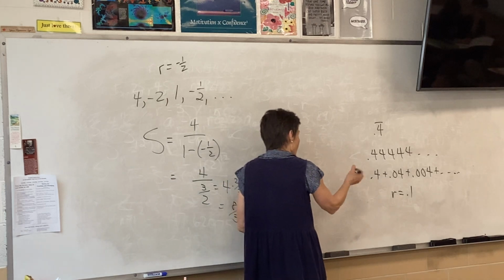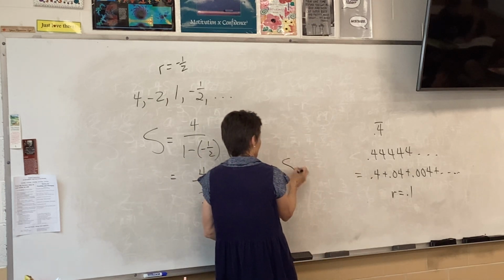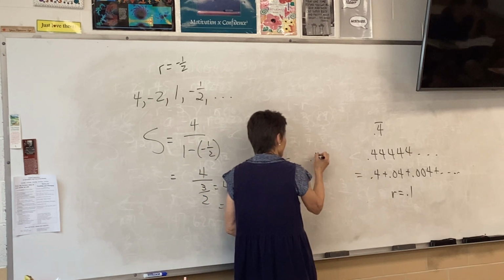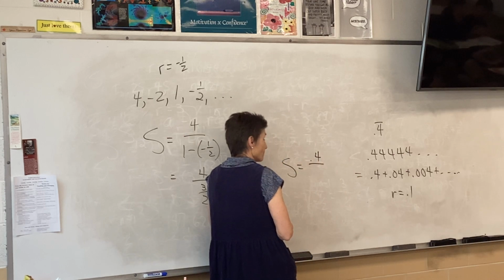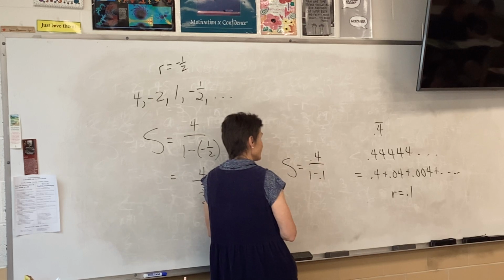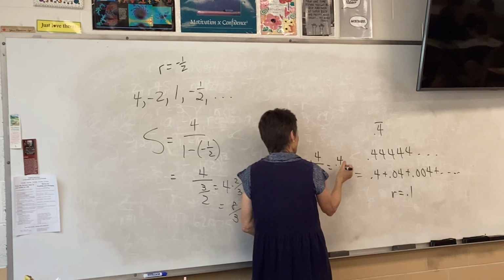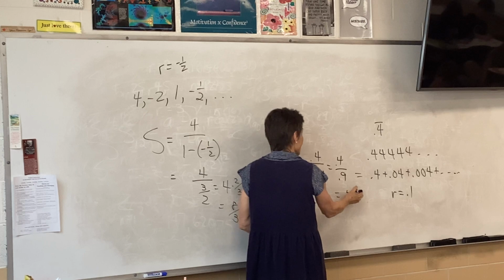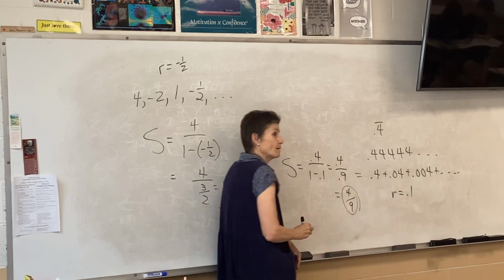So the sum of this will be the first term, which is 0.4, over 1 minus the ratio, which is 0.1, or 0.4 over 0.9, which is 4/9.